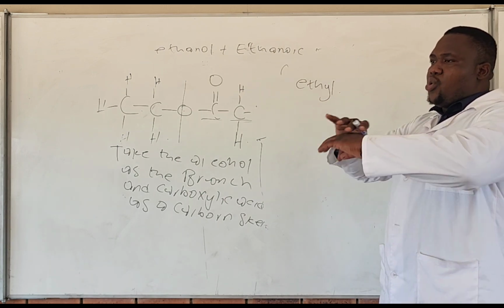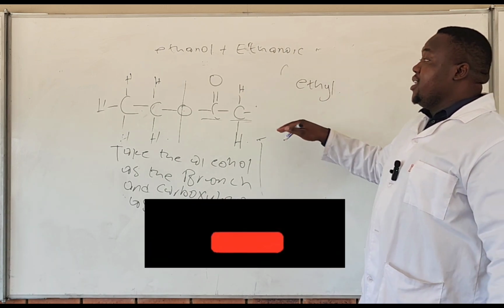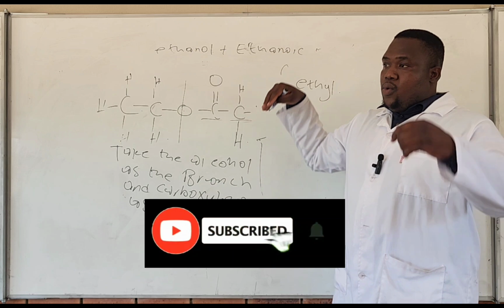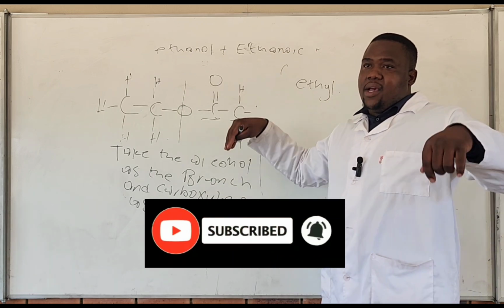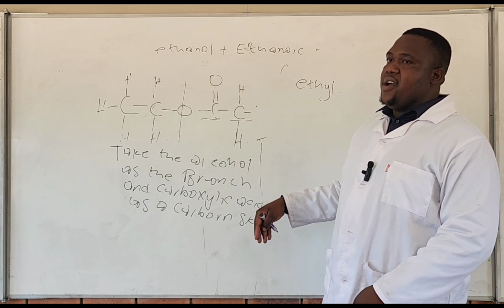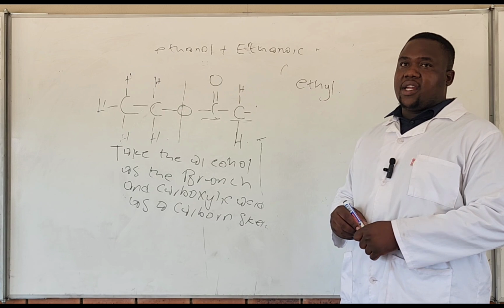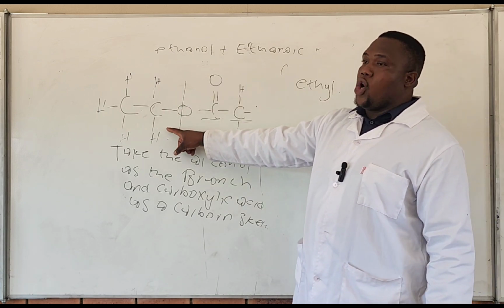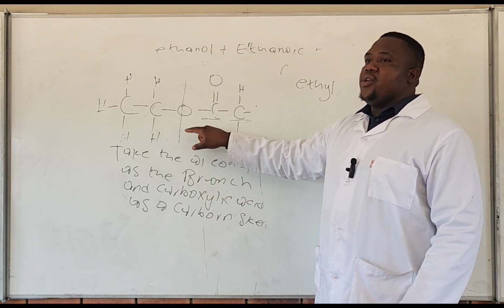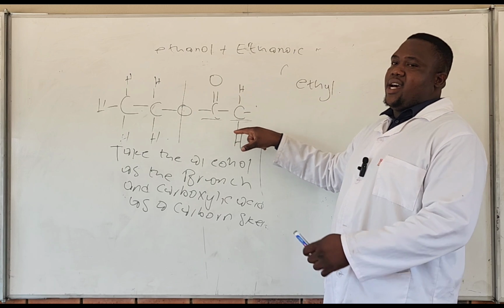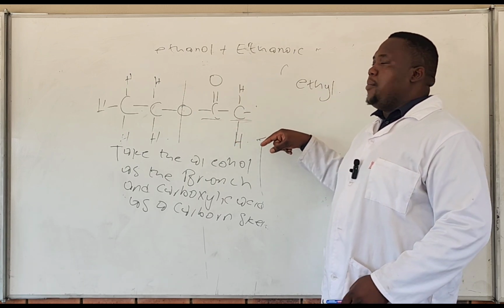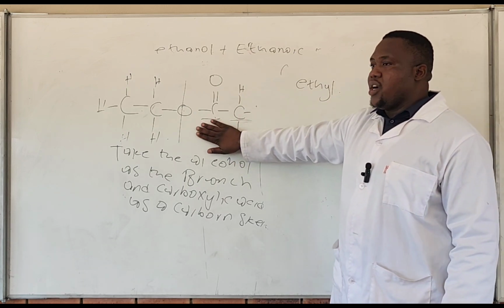Remember, according to everything that we have learned, this is not a branch. What I'm saying now is a method for how you can give a name without making a mistake. You take the alcohol part as a branch, and you take the carboxylic acid side as the longest carbon chain. So this one is the longest carbon chain.